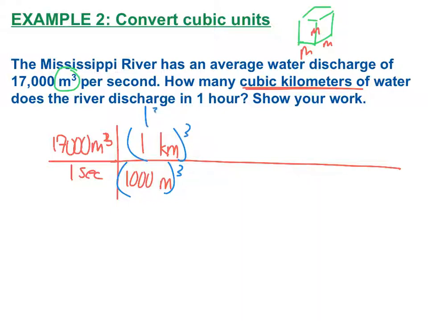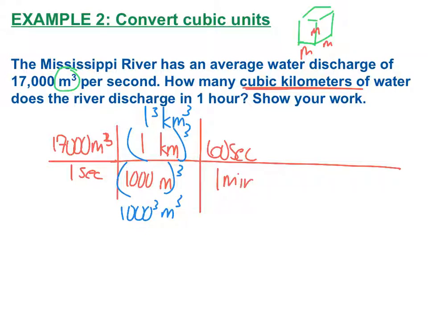So this is 1 kilometer cubed, and this is 1,000 meters cubed. Now let's get rid of seconds. So 60 seconds to 1 minute, and 60 minutes to 1 hour.